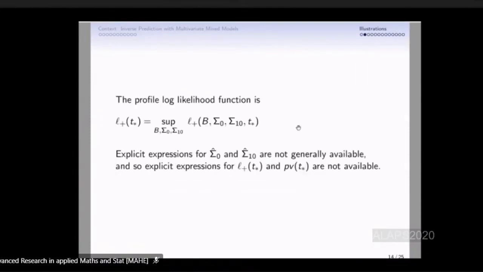The profile log likelihood function is defined this way, and in the same way. However, I can't get an expression for it, so I set out to evaluate it numerically.